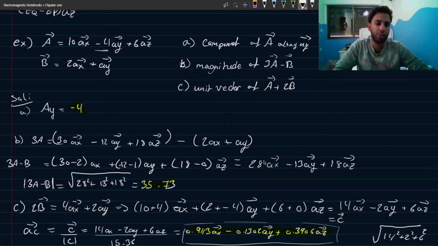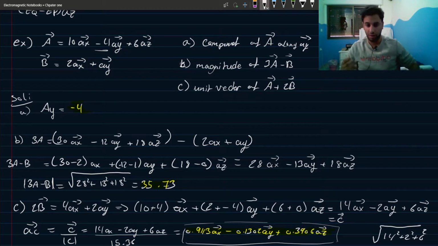How will you prove that this answer is actually correct for the unit vector? Well, if you remember, the definition of the unit vector says that it has a magnitude of 1. So let's take the magnitude of all this: 0.9113 squared plus 0.1302 squared plus 0.3906 squared.